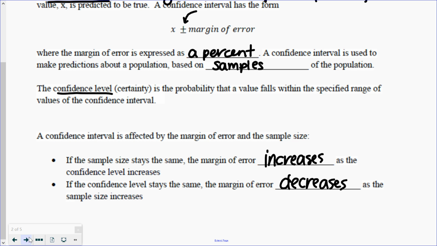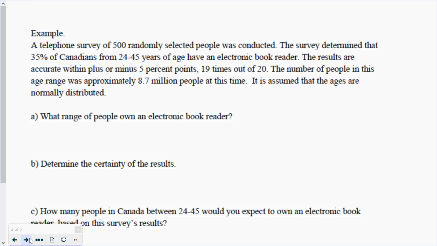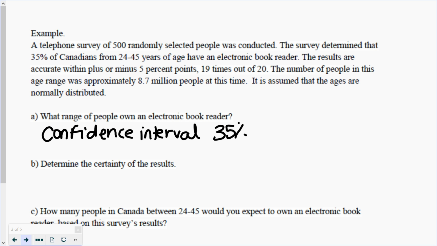So a couple of questions pop up there. What range of people own an electronic book reader? So it's asking for the range here. The confidence interval, I've already kind of talked about most of this. The confidence interval was 35% plus or minus 5%.